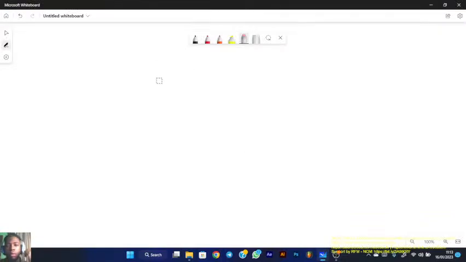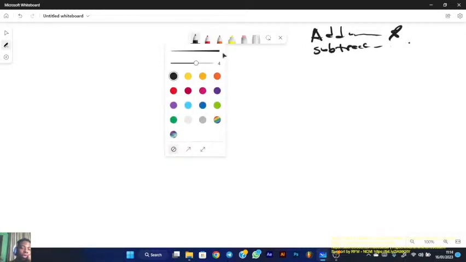Okay, so we are going to test how to add and subtract in Sandbox Gamemaker. So what we are doing is addition and subtraction in Sandbox.